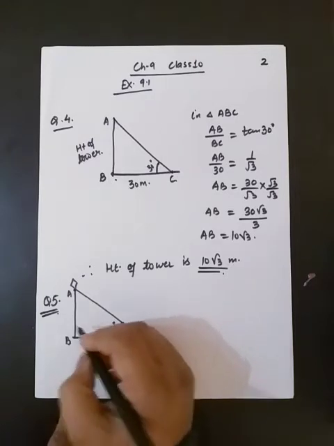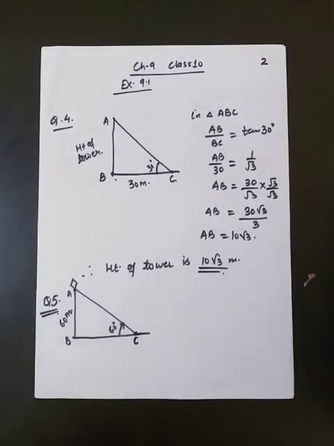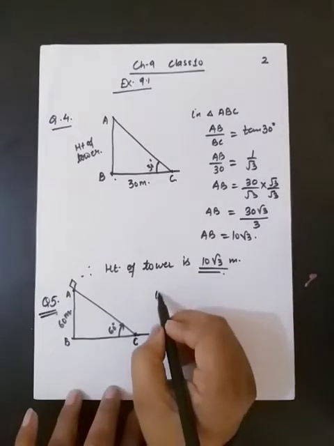And height of kite is given to us, 60 meter, and we have to find AC. So it means in right angle triangle ABC perpendicular is given and we have to find hypotenuse.